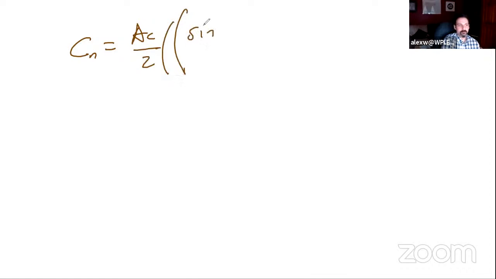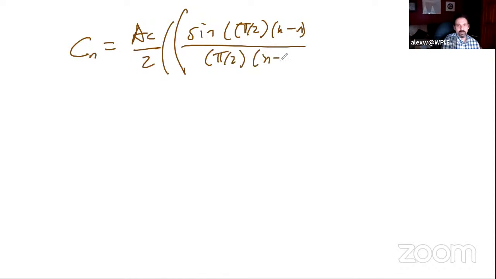If you plug this in and do the integration, with Euler's relationship and all, you're actually going to get two sinc functions, side by side. What you're going to get is sine pi over 2 h minus n, and then pi over 2 h minus n. And this is the funny one, which has alternating 1 and minus 1 depending on the value of n.